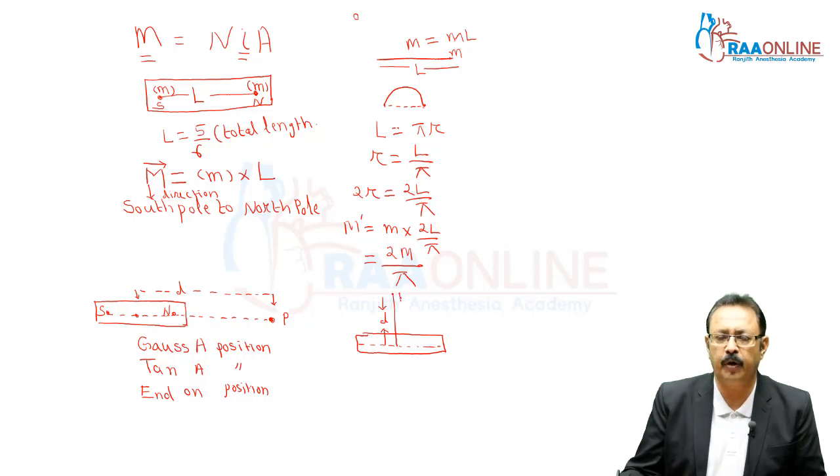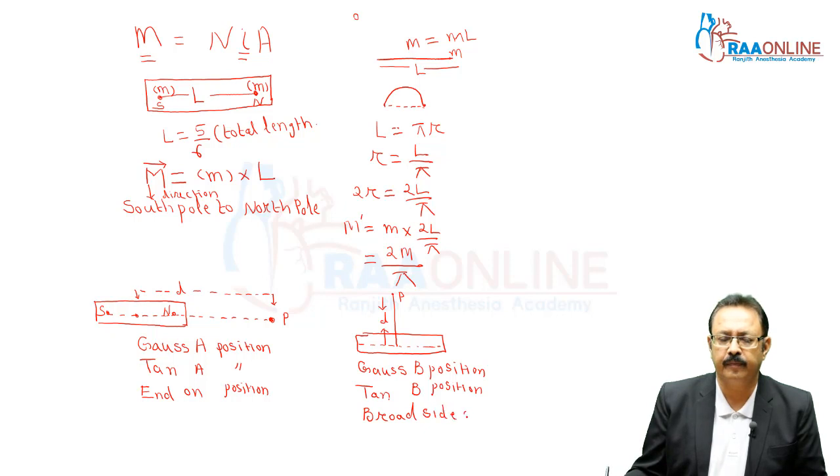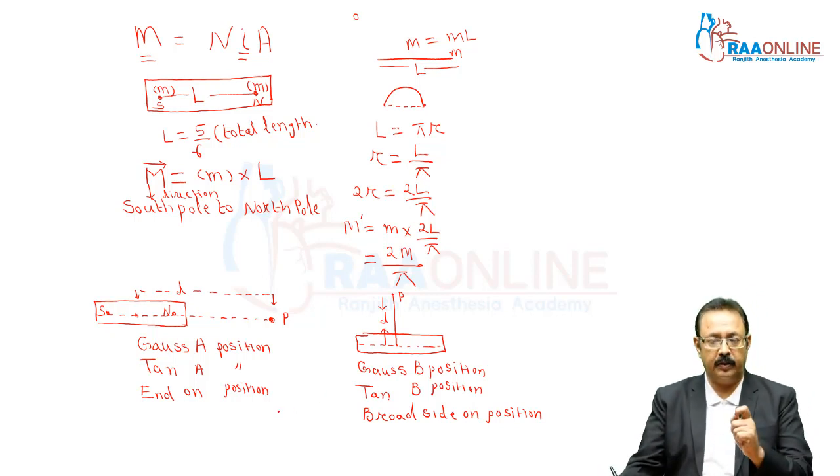So we will say that point P is in the Gauss B position, also called the Tan B position, or broadside-on position. Three different positions, and names are also there.